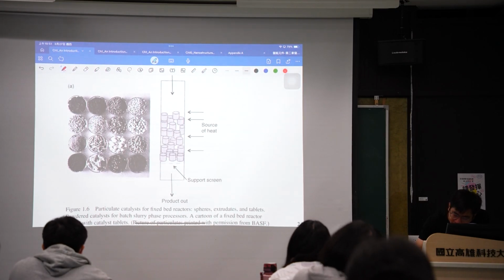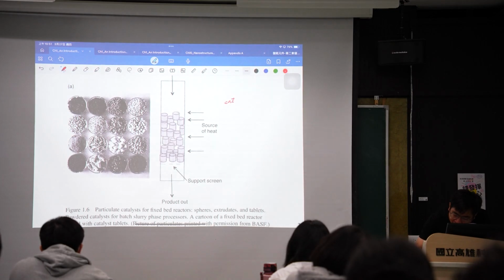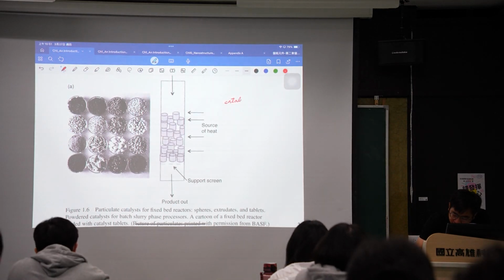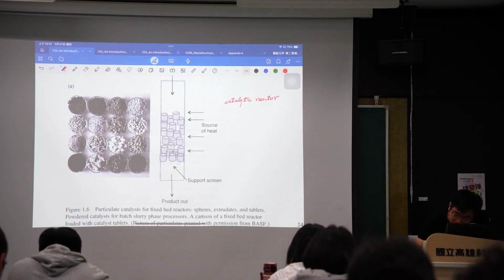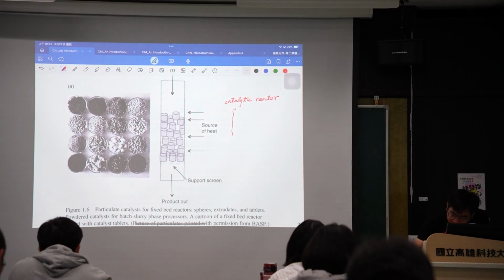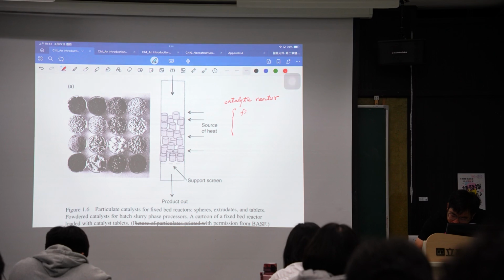Okay, for the catalytic reactor, in general, we have two kind of reactor. One is fixed bed reactor.